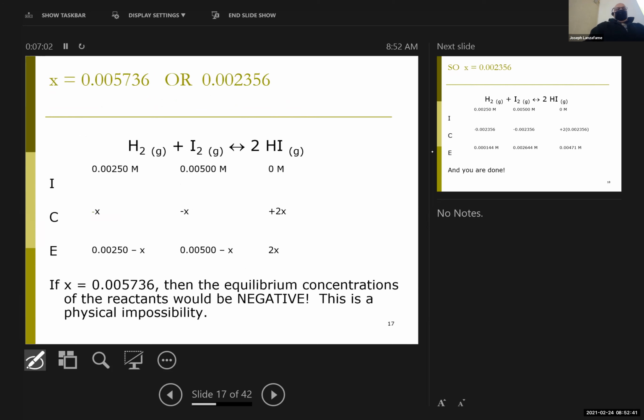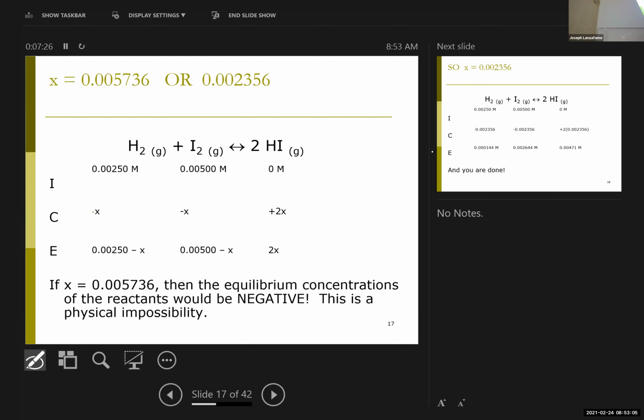This is my ICE chart. If I'm going to put them both in there, only one of them makes sense. If I put the 0.005736 in there, I get negative amounts for the hydrogen and iodine. Right. So in general, if I have multiple roots that solve the K equation, right, try them all in the ICE chart.